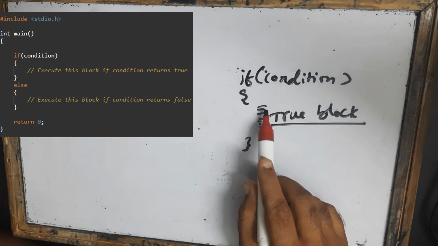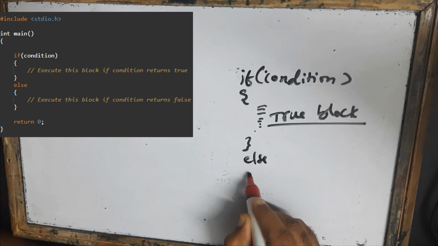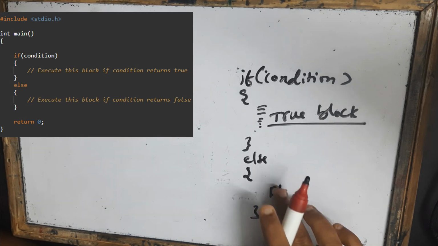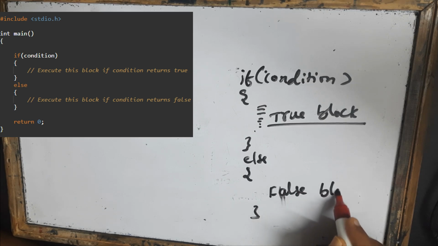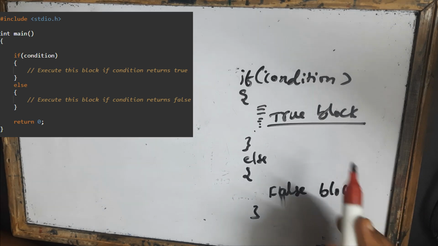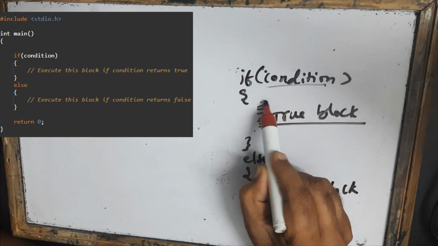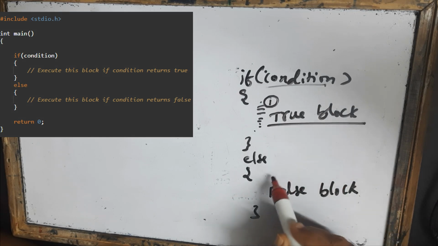We add statements here in the true block. Then we have an else block here. This is the false block. If the if condition is true, that means 1, then the true block will be executed.